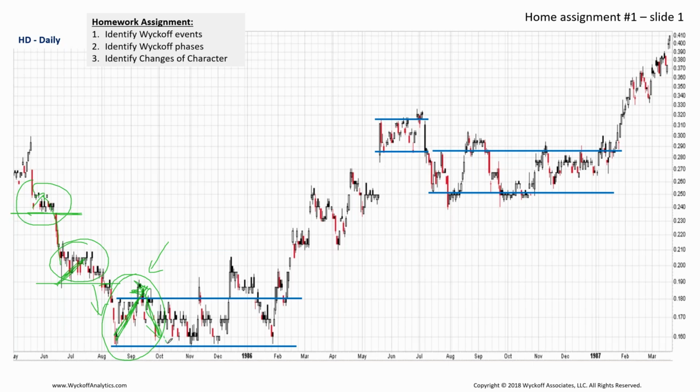Or in some instances, we might have a small break and then the price will come back into the trading range. So this is a change of character. This is where everything changes for the downtrend, and we might expect a trading range. And it's always going to be associated on the way in with phase A.